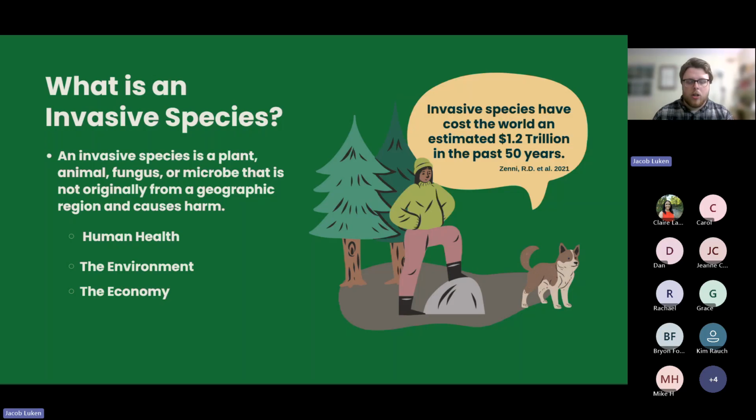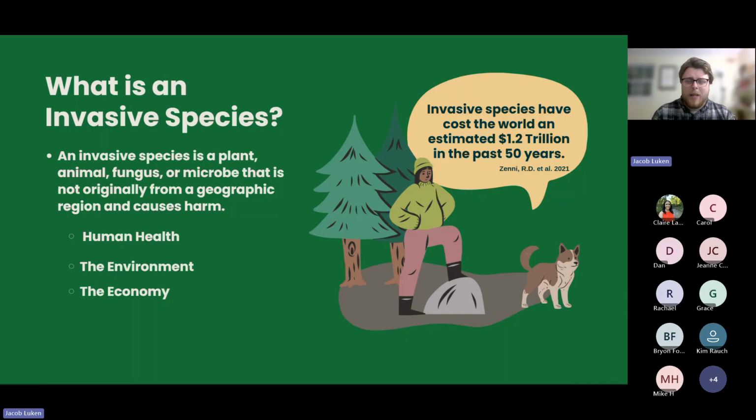Zebra mussels are tiny little mussels that encrust boat propellers and clog ports, and they can grow all over the bottoms of boats, all over pumps and other water infrastructure such as lift stations, intakes, piers, and all of this heavy growth results in increased repair and maintenance costs, destroyed equipment, and increased fuel consumption because of lower hydrodynamics on the bottom of the boats, which all of that definitely costs money.